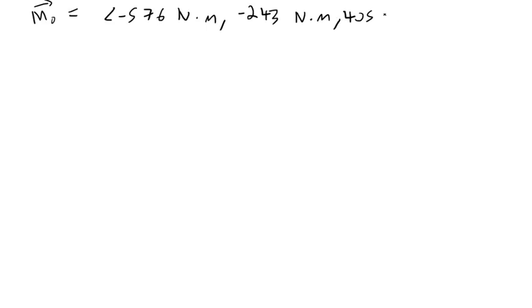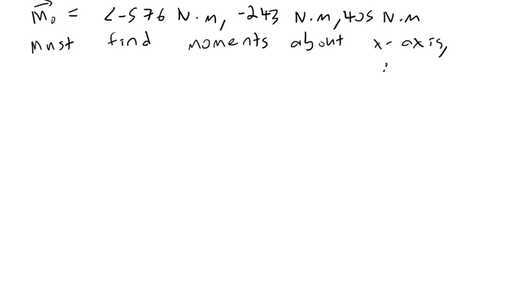So I know the overall moment vector about the origin is, again, negative 576 newton meters, comma, negative 243 newton meters, comma, 405 newton meters. However, I am asked to find the moments about the x, y, and z axes: x-axis, y-axis, z-axis.